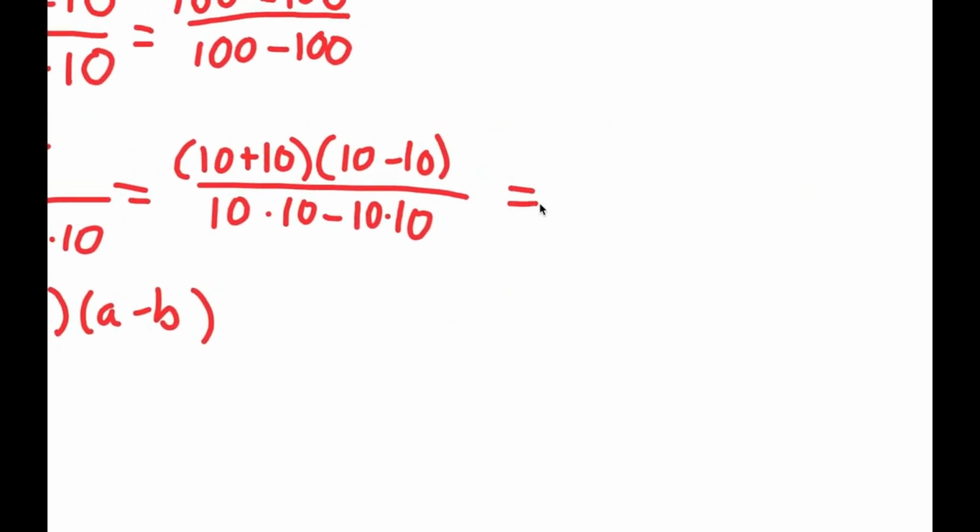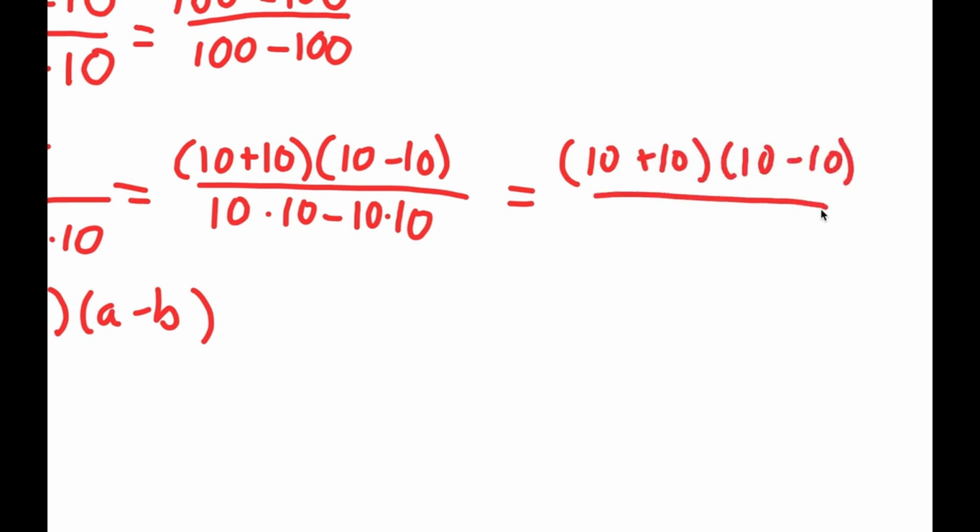And now this is the same thing as 10 plus 10 times 10 minus 10 over, for my denominator, I'm going to factor out 10. So if I factor out 10, I get 10 times, well, 10 times 10 divided by 10 is simply 10.